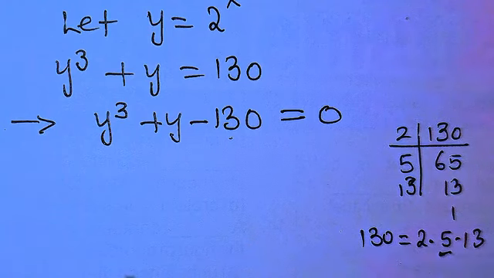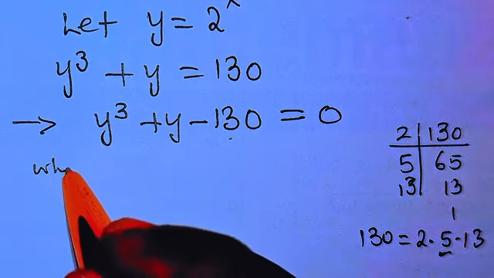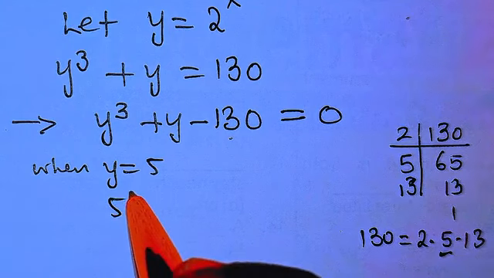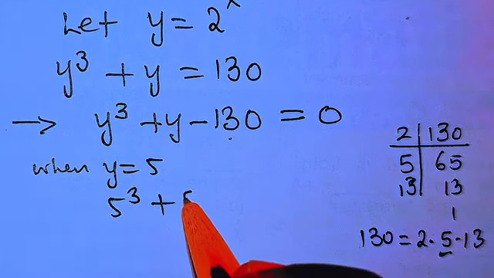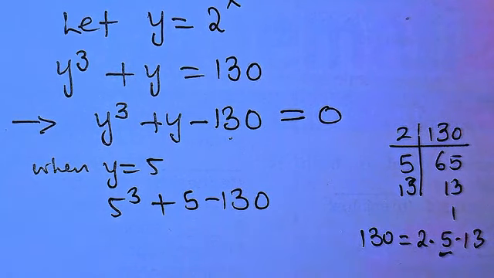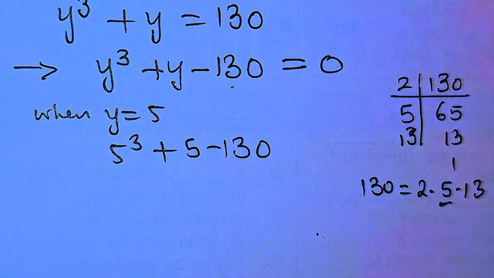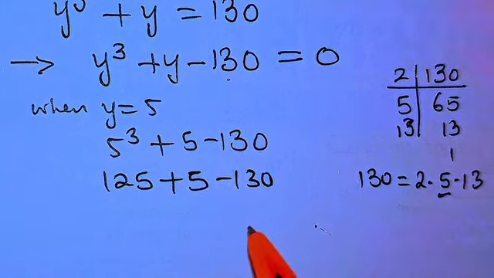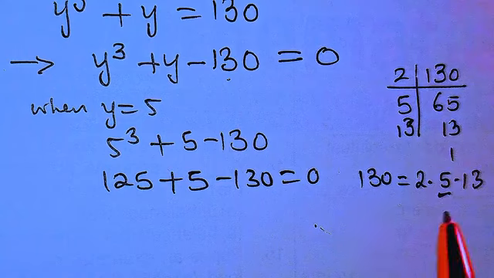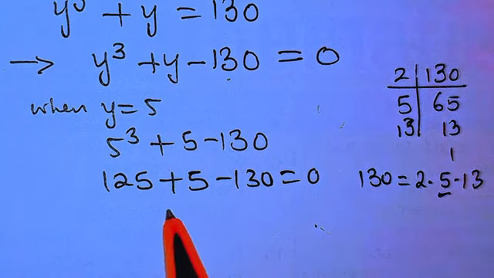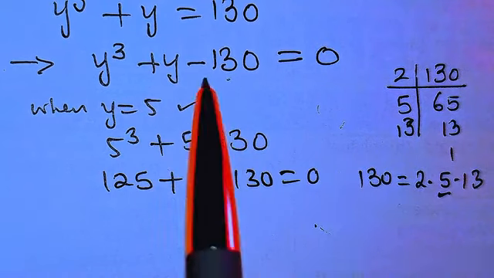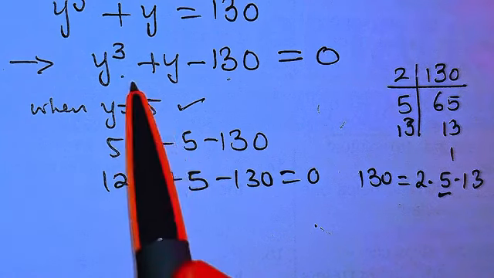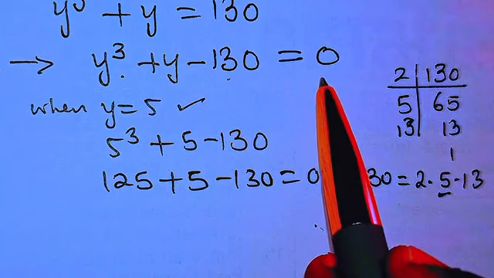So if I try this 5 here, when y equals 5, you're going to see that 5 to the power of 3 plus 5, minus 130. 5 to the power of 3 is 125, plus 5 minus 130, which gives us 0. So which is telling us that 5 is one of the roots. When y equals 5 and we put it here, everything gives us 0.